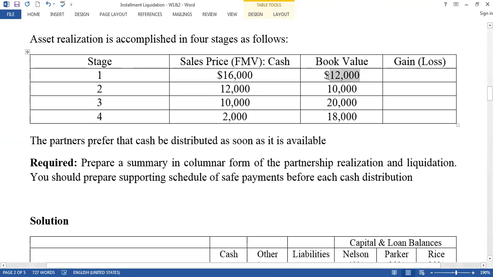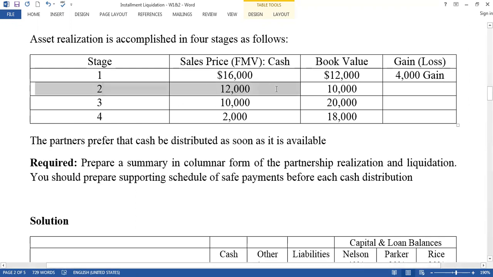So book value $12,000, we receive cash $16,000. Is this $4,000 good news or bad news? Good news, gain. And this gain is going to be allocated to the partners. Partners' capital will increase.